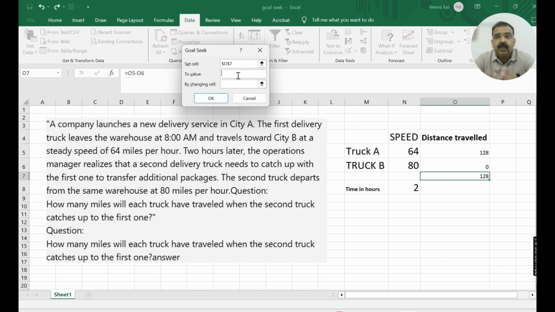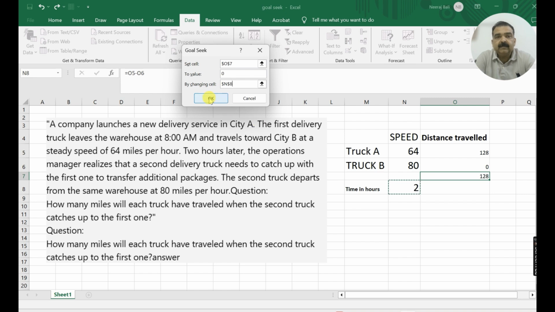A should meet B. That means the distance between the two will be 0. Then only they will meet. And by changing what? By changing the time. We keep changing the time and we would like to make the distance between A and B as 0.